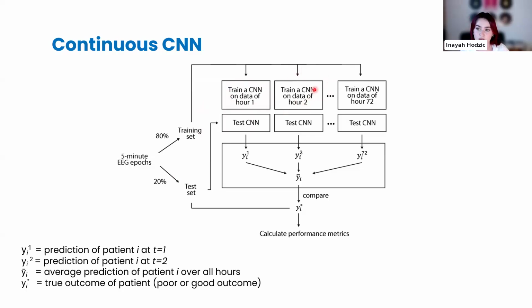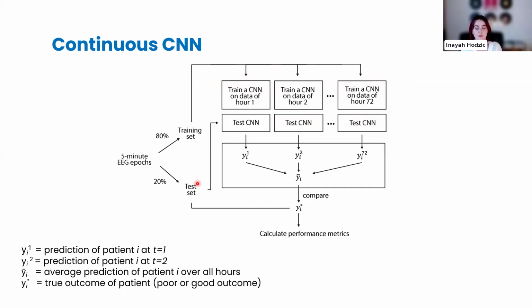Then we trained a separate one on hour number 2, hour number 3, hour number 4, all the way up to hour 72. And this allowed us to keep the separate hours and the characteristics typical of the different hours separate, while also creating a method which could integrate predictions at each hour.